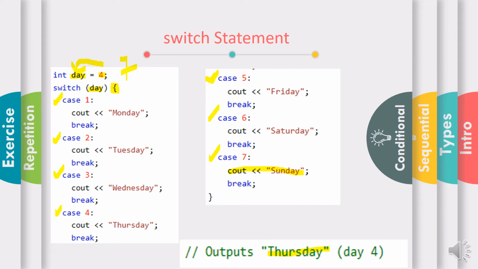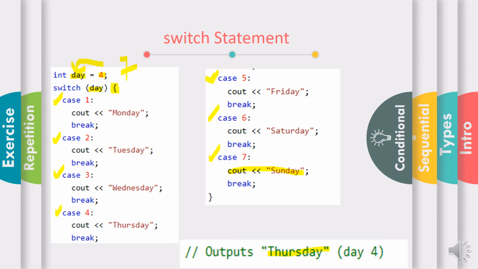Then depending upon the value of the variable or expression, the case will be selected. When the value of a variable is met with a particular case, that particular case will be executed and the rest of the cases will be skipped.